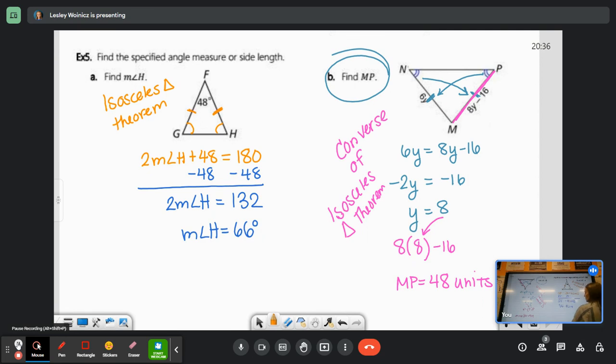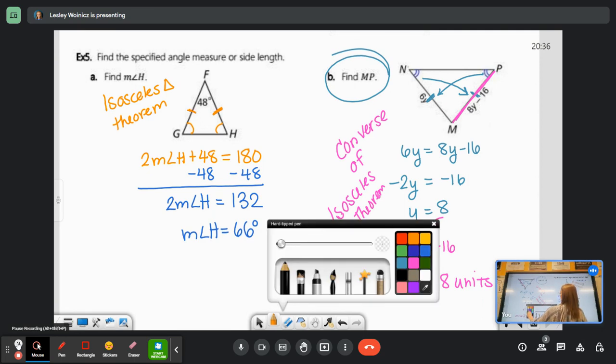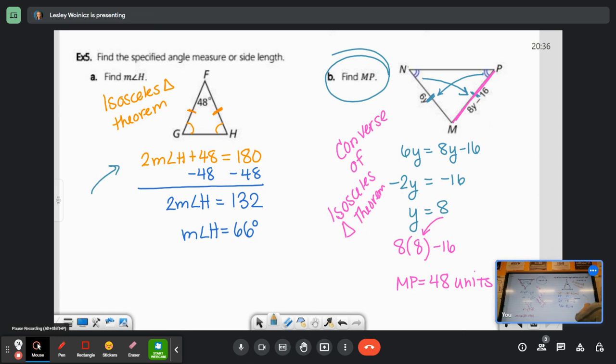And we also used, to set up this equation, we used the triangle interior angle sum theorem. Whew. All right, now we're done.